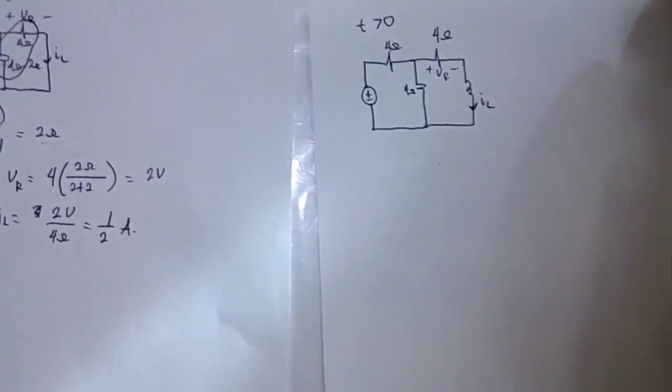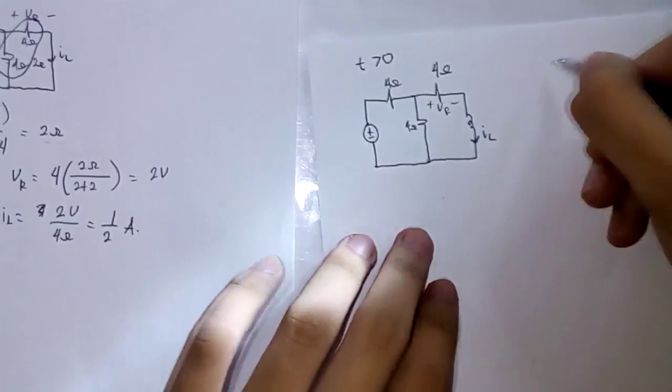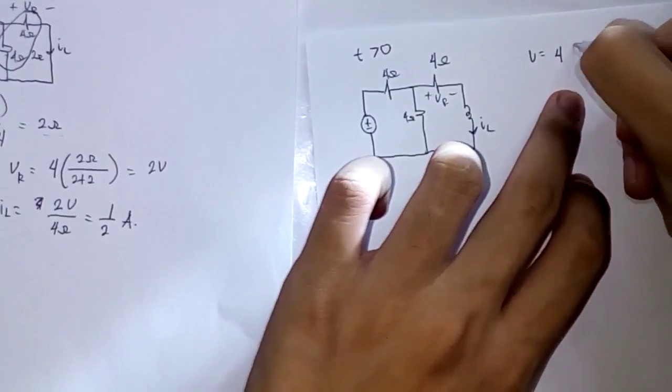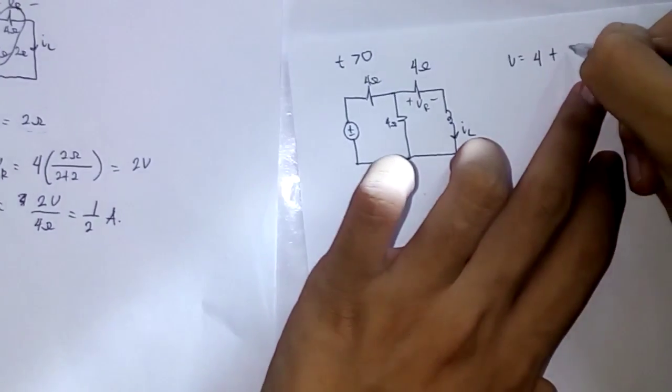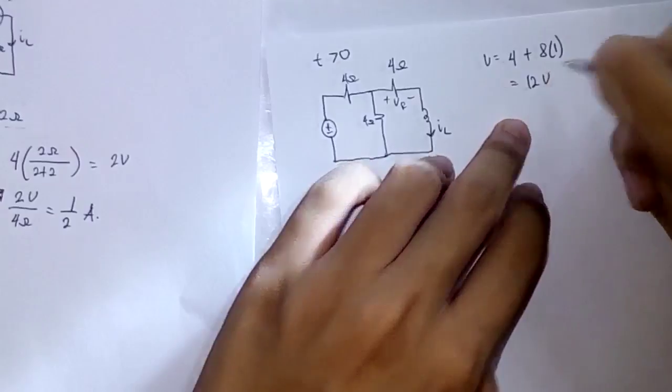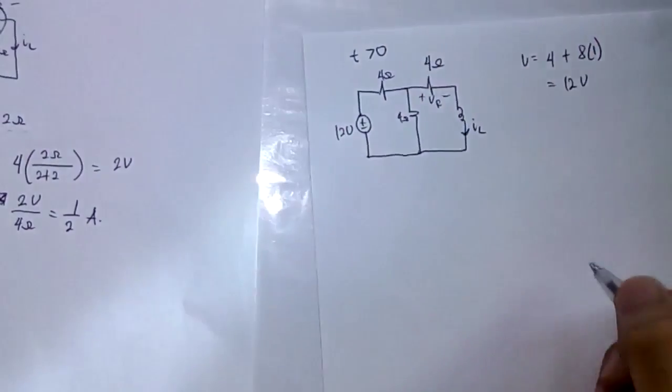So our V now here will be 4 plus 8 times 1, which is 12 volts. So 12 volts.